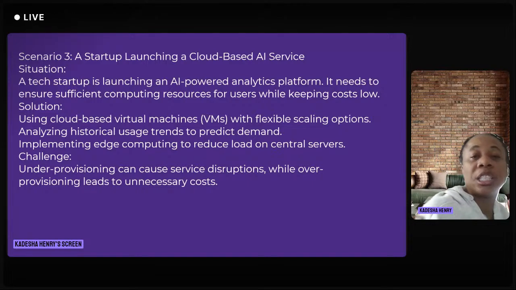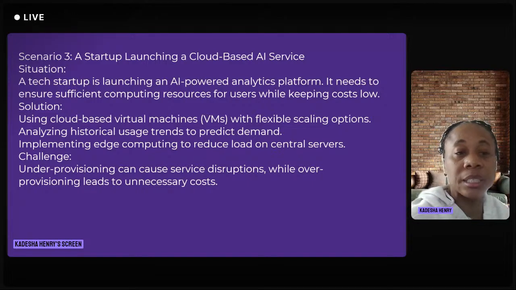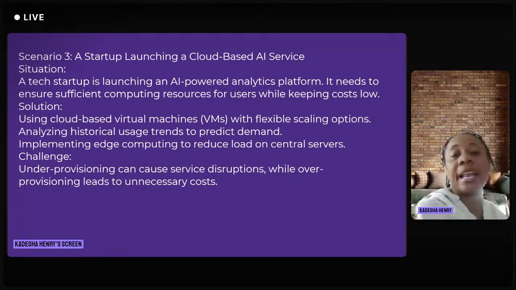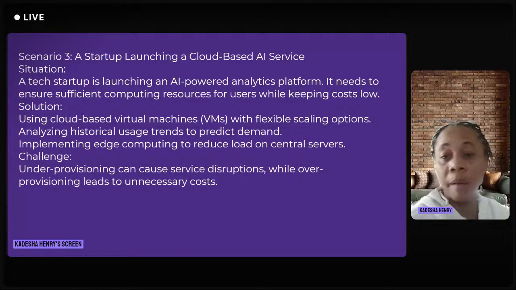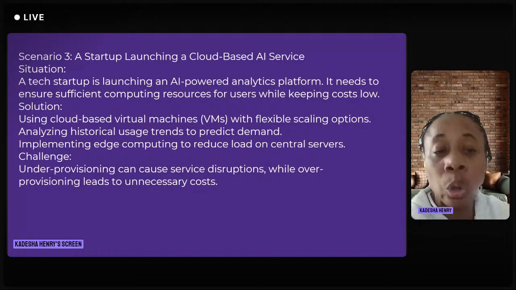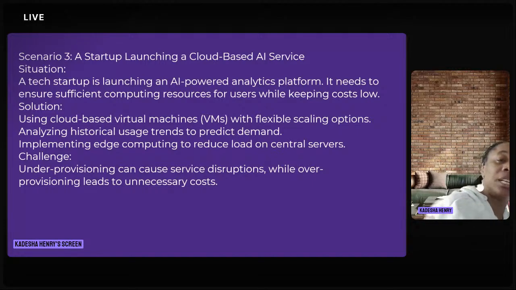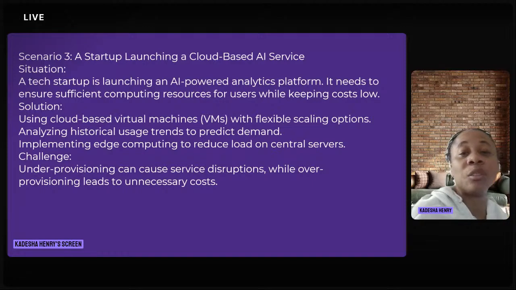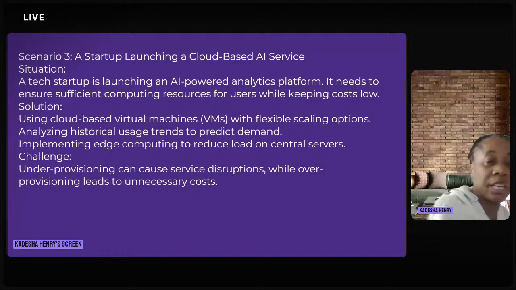Startup launching a cloud-based AI service. So this is a startup. A tech startup is launching an AI-powered analytical platform, right? And it needs to ensure sufficient computing resources for users while keeping the costs low. So they need to make sure that there is enough storage and enough resources for it to keep running.